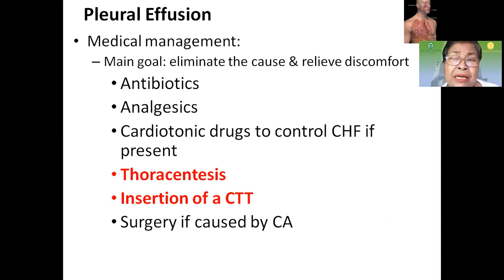Dahil siyempre, si patient kasi nahihirapang huminga. Kaya mag-approach siya or kukonsulta siya kay pulmonologist. Sa pulmonologist, specialist para sa lungs. Ngayon, si pulmonologist naman, magsasuggest ng thoracentesis. Okay? Ibig sabihin, sa joint management. Okay? Joint management, no?